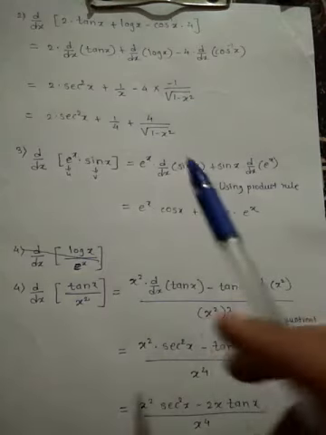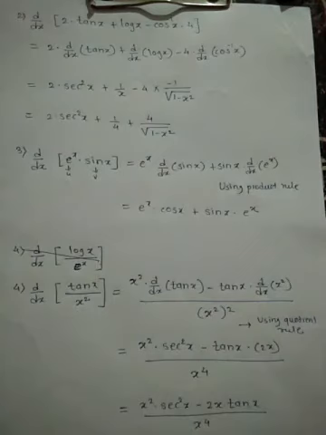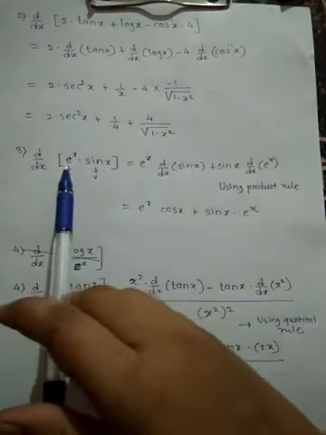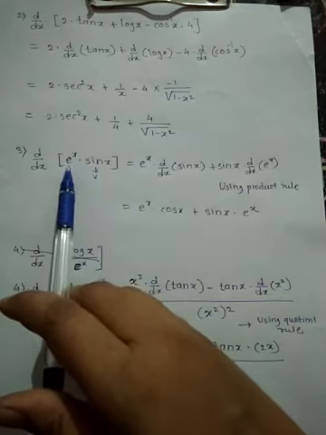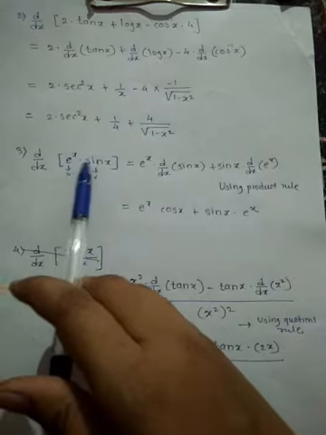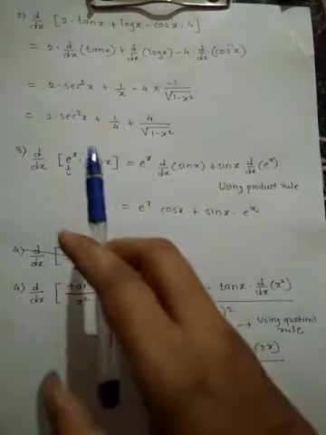Third example, derivative of e raised to x into sin x. Here we observe the multiplication of two functions, e raised to x and sin x. Here the operation is multiplication, therefore we have to use the product rule. What is the product rule?